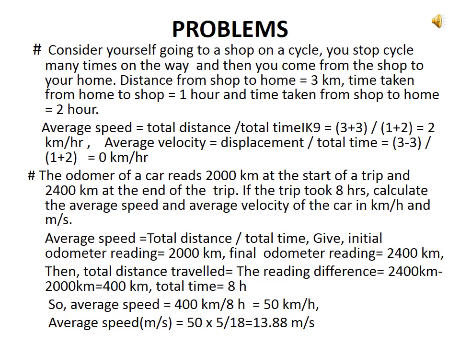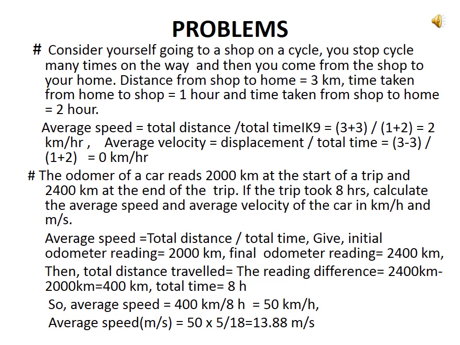Next, see another problem. The odometer of a car reads 2000 km at the start of a trip and 2400 km at the end of the trip. If the trip took 8 hours, calculate the average speed of the car in km per hour and meter per second. What is an odometer? An odometer is the device used to measure the distance traveled.